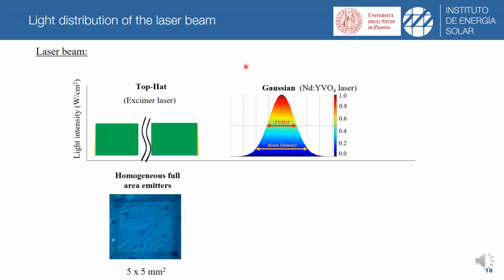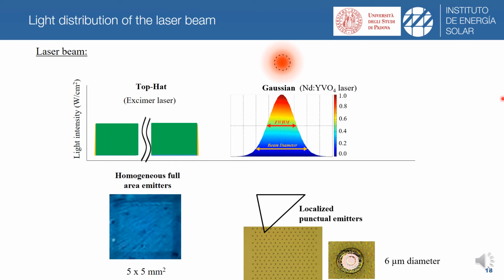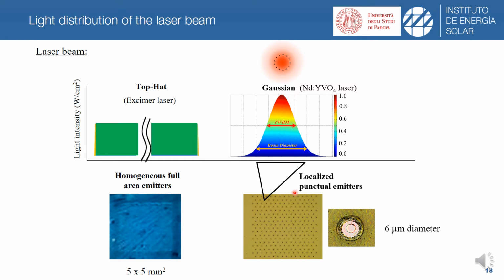We have also used a Gaussian neodymium-doped laser with a Gaussian energy beam profile, which means that the light intensity is much higher in the center as compared with the surroundings. This is the laser system that we have used for localized punctual emitter formation by creating a matrix of different numbers of spots. And this is how a spot made with this laser looks, which has about 6 microns of diameter.